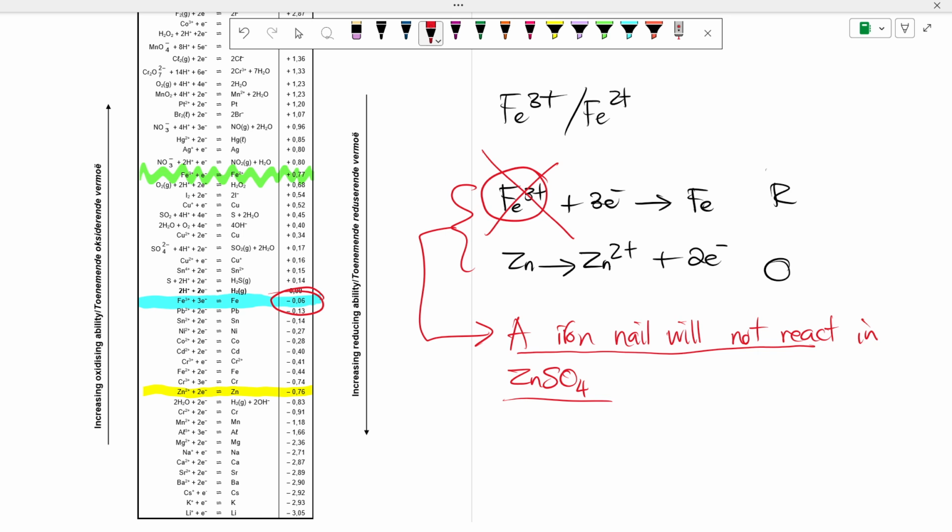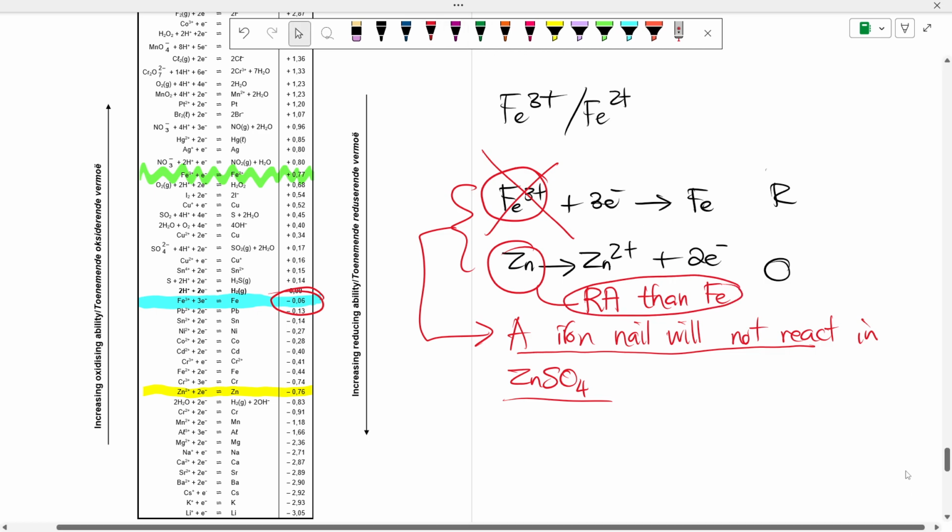Okay, the answer that I get is a big no. Iron nails will not react in a zinc sulfate solution, because iron is less reactive than zinc according to the reactivity series. They go through some advanced chemistry, but from where we are standing, we just need to use the table, and we're going to say zinc is a stronger reducing agent than iron. Therefore, there won't be any reaction. That's the reason that I need to give.